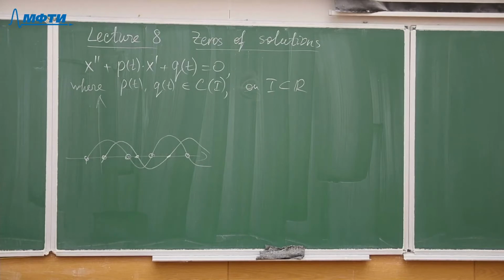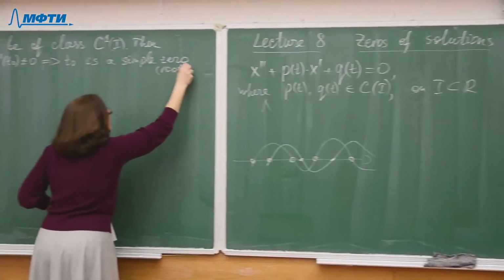Okay, so let x of t be a function of class, so it is enough to have class C1 on I. Then if x of t0 equals 0, but x prime of t0 is not 0, then t0 is called a simple zero, or a simple root, of a solution.